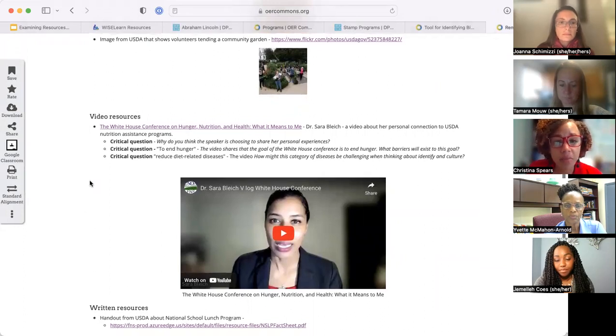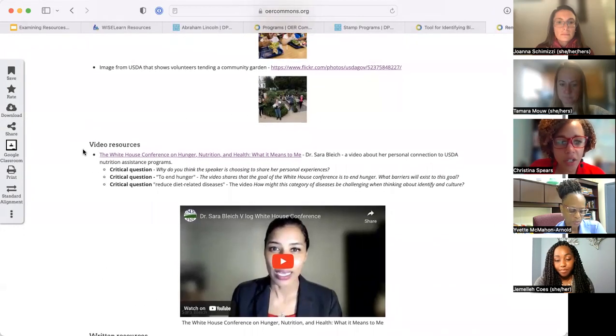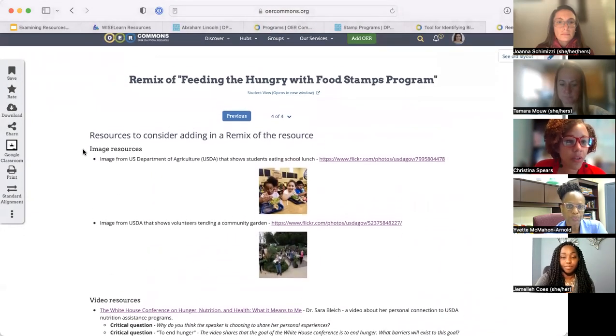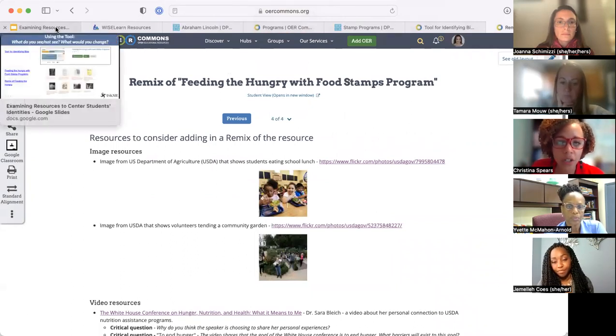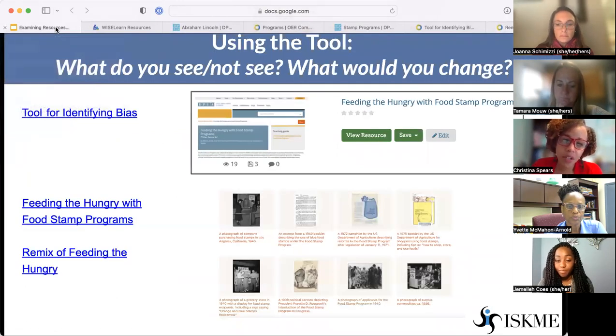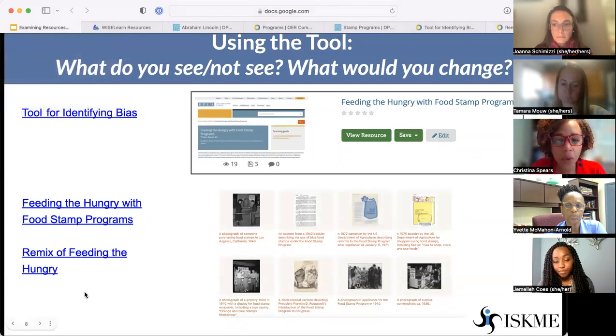I would also add some discussion questions that allow for that criticality that this identifying bias tool challenges us to do. So you can see that we've added images, video resources, as well as questions for students to, again, challenge their criticality specifically around race and social class. And I will name, before we talk about next steps, that it's important to do this work in community with one another.